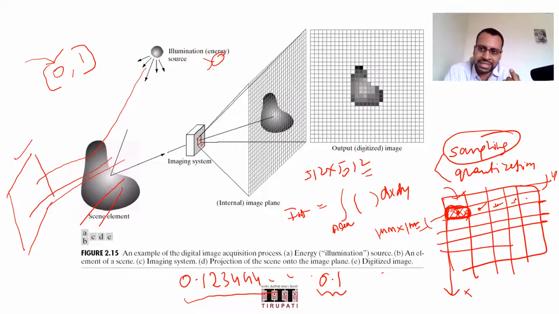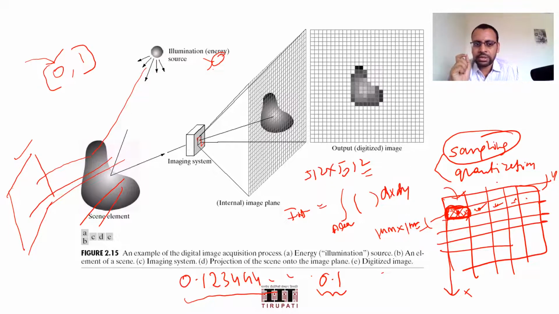Since you are storing the accumulated intensity that you got at each of those cells, this discretization, this quantization, is coming from that.